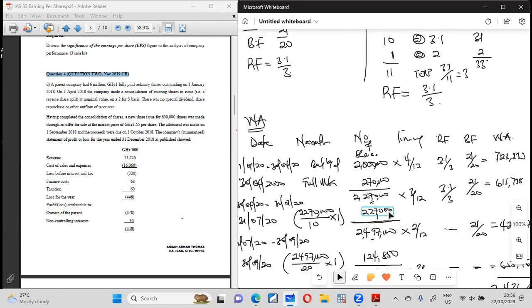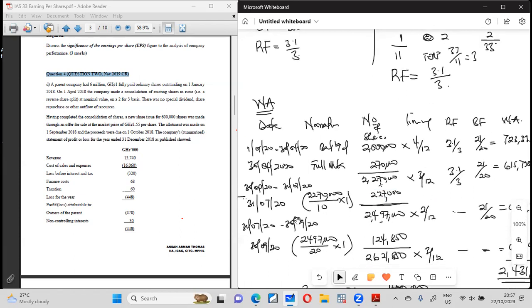So until you get to that point where the right fraction is made, you will be using them. And until you get to where the bonus issue is also made, you will be using them. So you saw that when we got to where the right issue was done, we never used it. We used just the bonus issue.